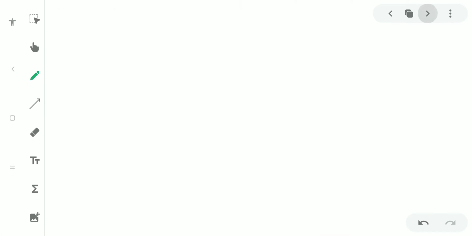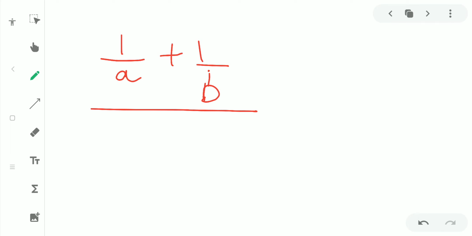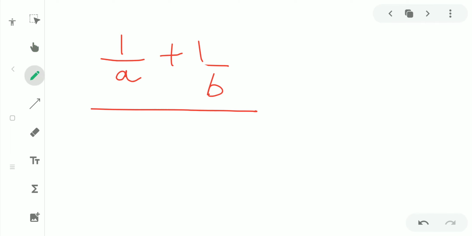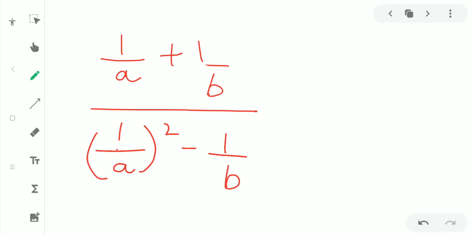I will write it on the other page: 1 by a plus 1 by b divided by (1 by a) whole square minus (1 by b) whole square.